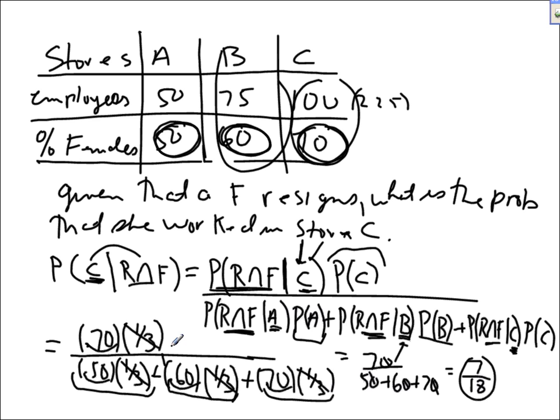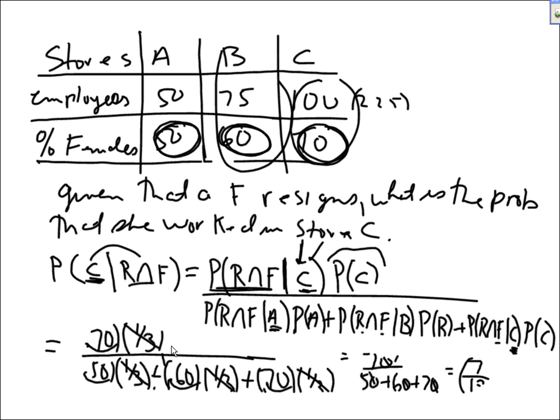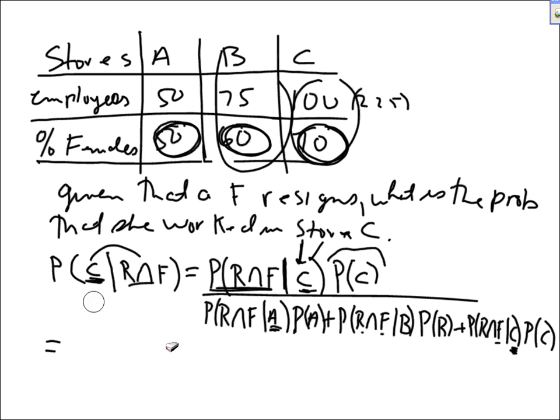Except I do have some problems here, major problems, which I'm going to try to fix. The probability that you came from a given store is not 30%, is not 1/3. It's not 1/3. Sorry about that. Okay, so let's do this again. These probabilities, the conditionals, were always right.